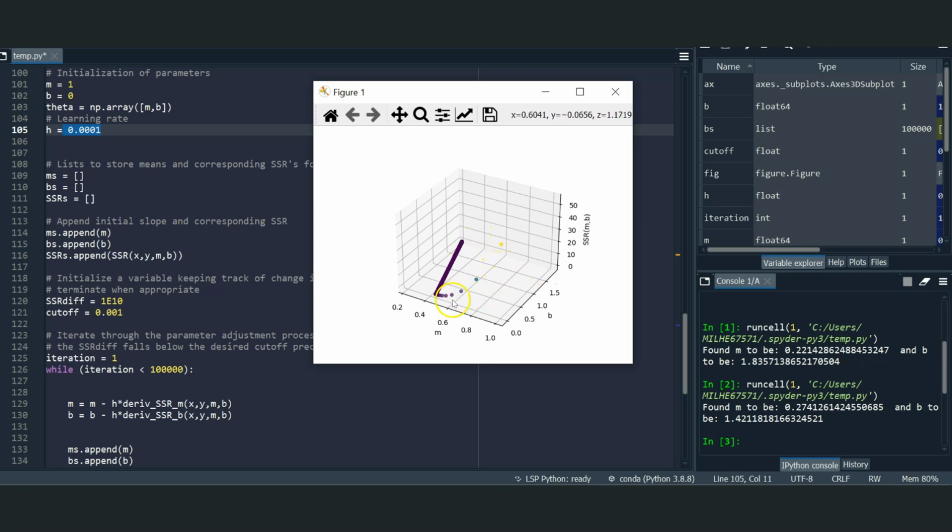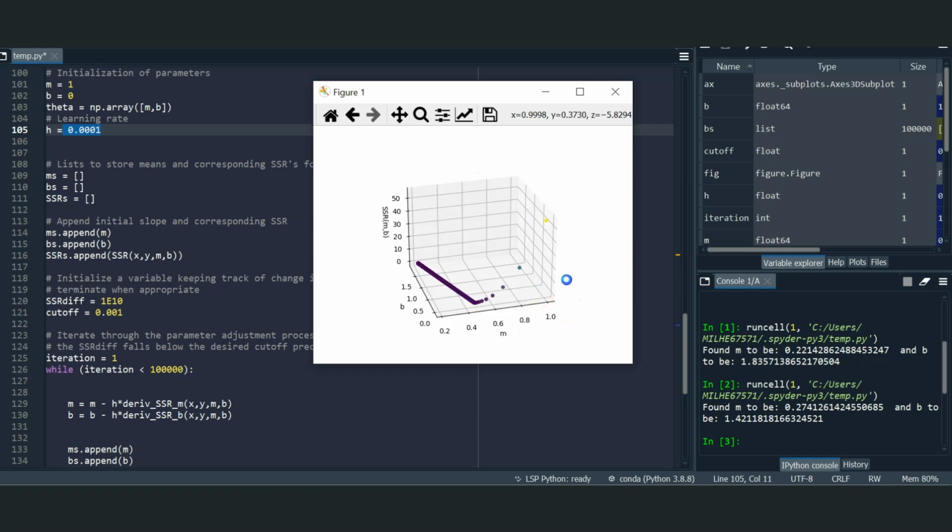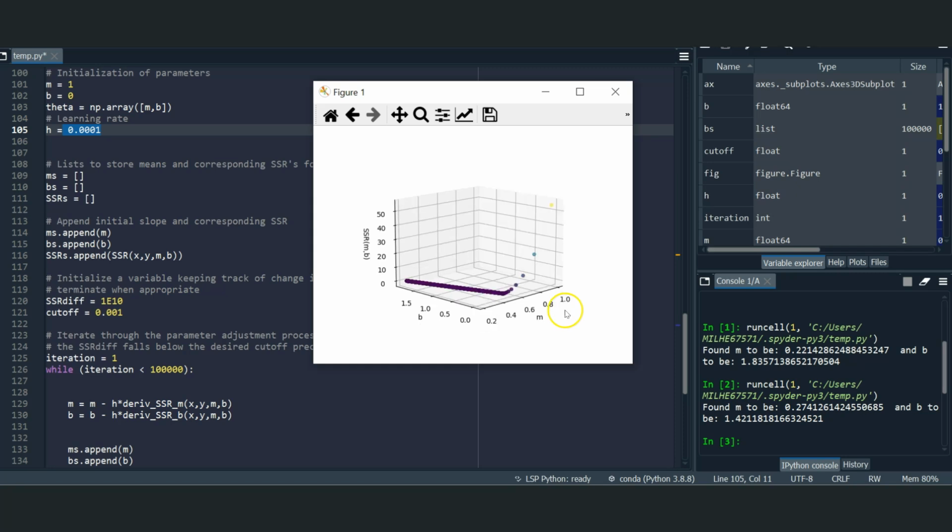So here's our path of convergence. As we try to rotate this, it's going to be a little bit tricky because there are so many data points there. But you can see how long it actually takes and how quickly it's already reached pretty much a 0 SSR.